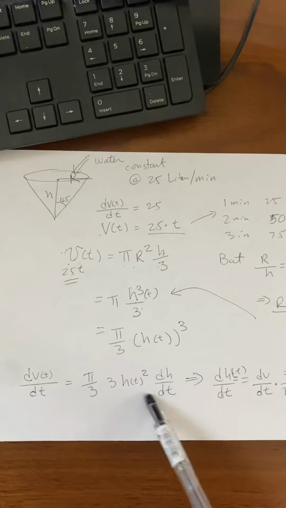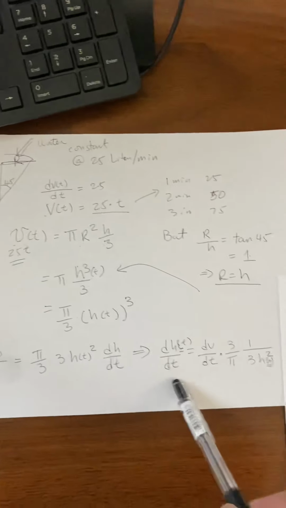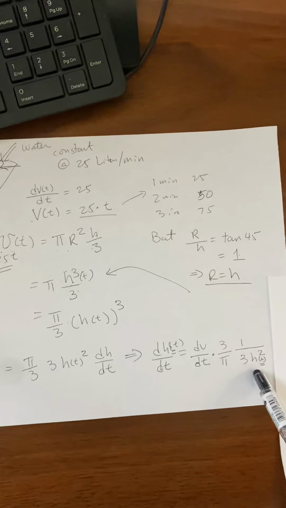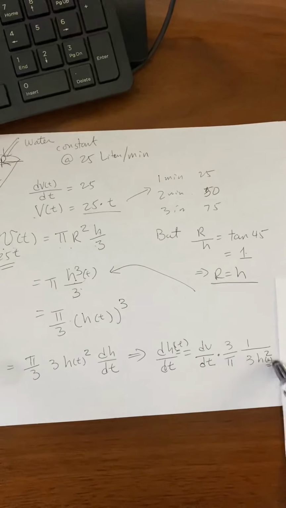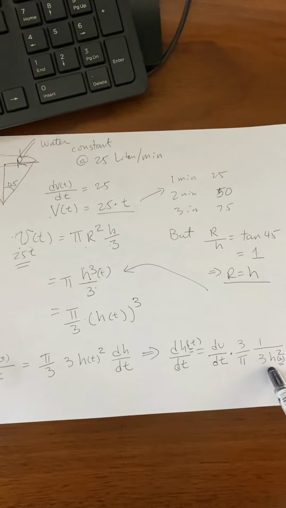But the height change here is related to this factor here, right? And then you solve for that, you know that it's inversely related to h squared. You just need to know what the h is at a given time.